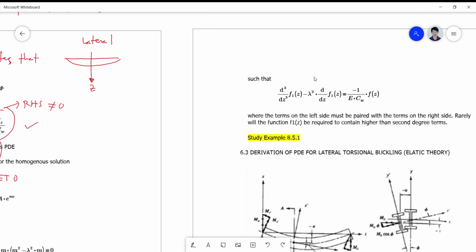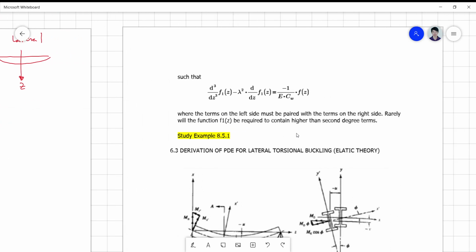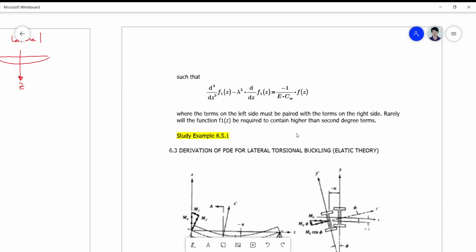We just substitute it back to the original equation, where the terms on the left hand side must be paired with the terms on the right side, and rarely will the function f1(z) be required to contain terms higher than second degree.